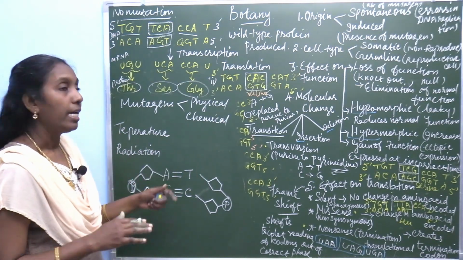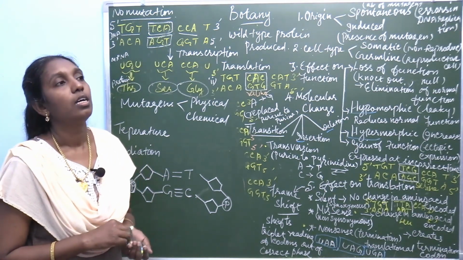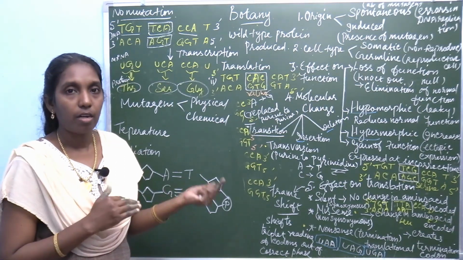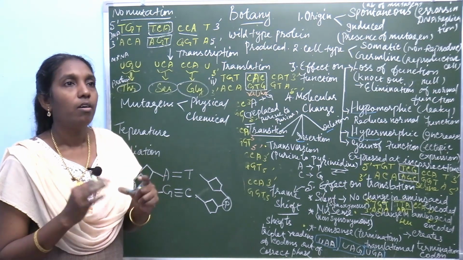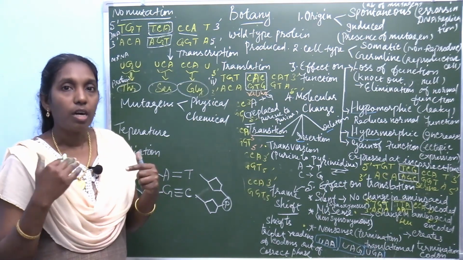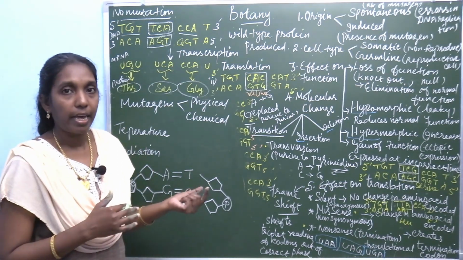Then radiation: there are a number of radiations in the electromagnetic spectrum, short waves and long waves. Short waves have short wavelength but high energy to ionize electrons from the atom.